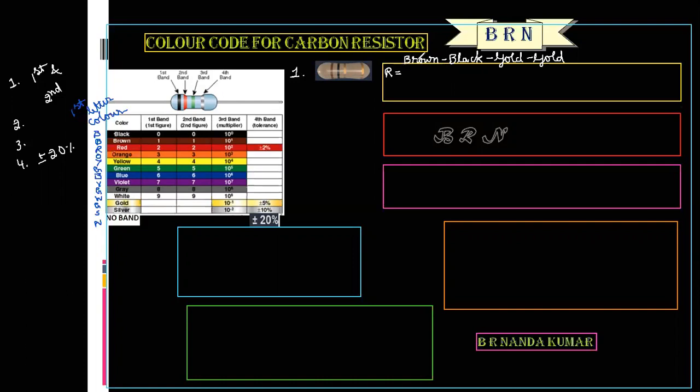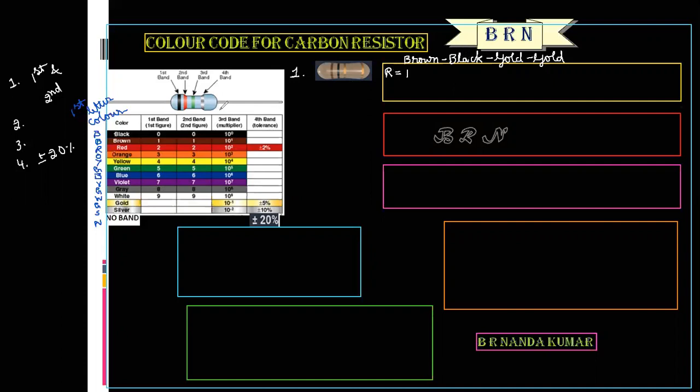So what is the significant digit of brown color? That is 1, right? Look at this chart. This is the color code chart. This is the first significant digits column, this one is second significant digits, this is the multiplier and this is the tolerance chart. So brown means the significant digit is 1.